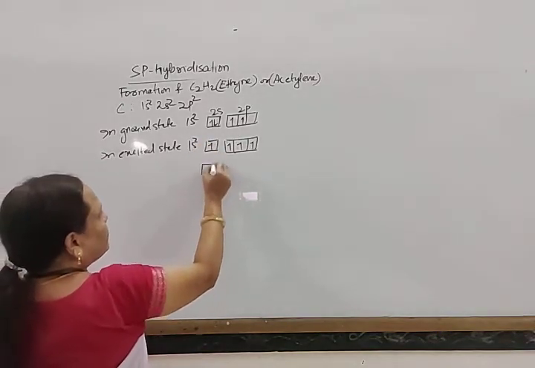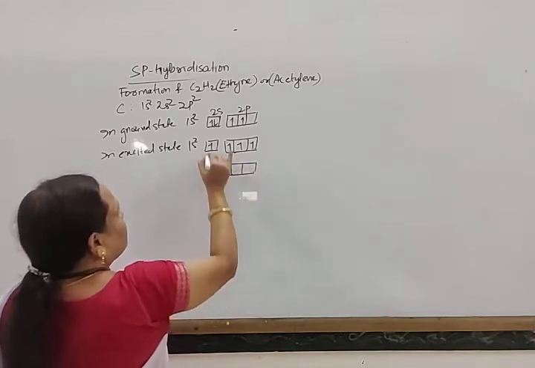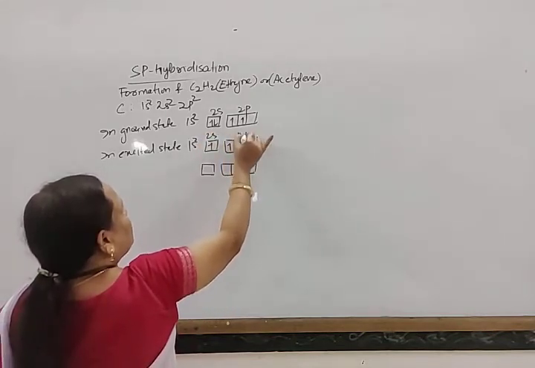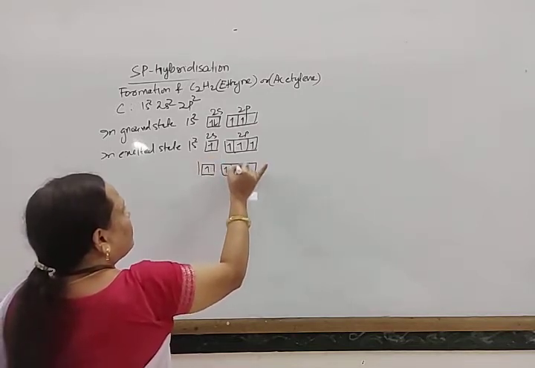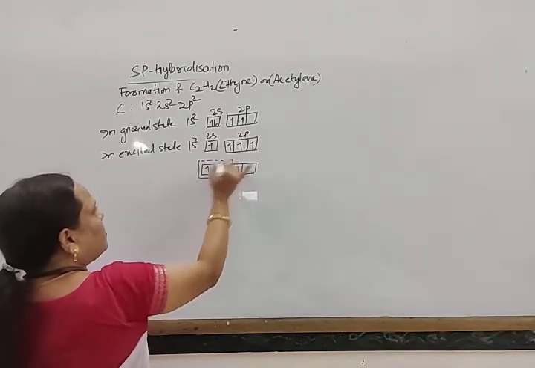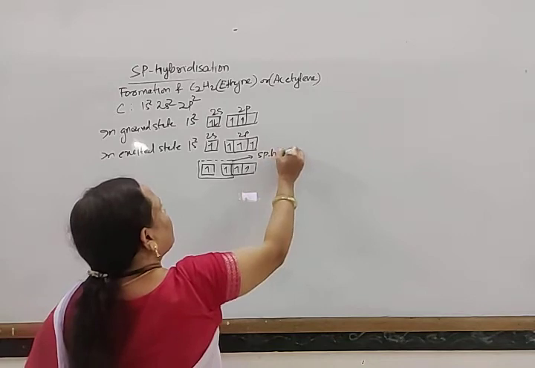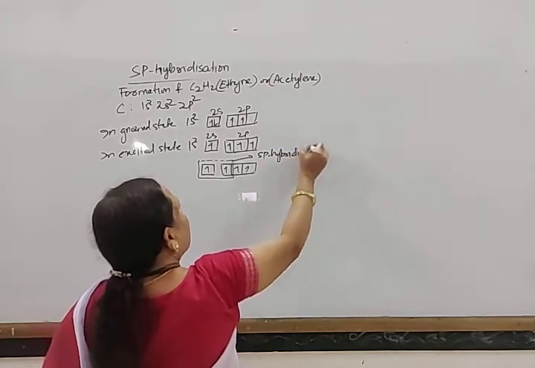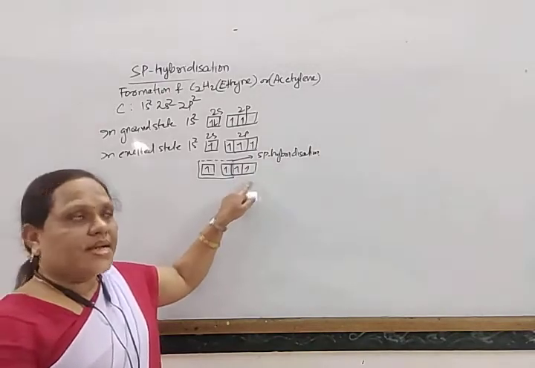But here not all orbitals undergo hybridization. So this is 2s, 2p. Only the 2s and one of the p orbitals undergo hybridization. This is sp hybridization. And 2 remain unhybridized.